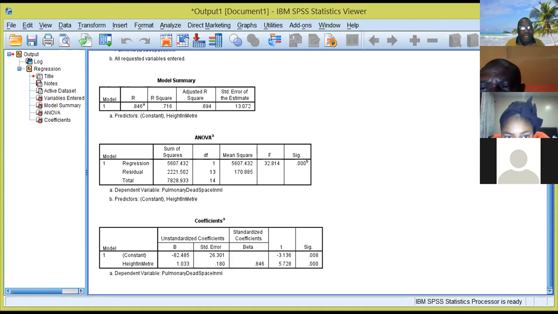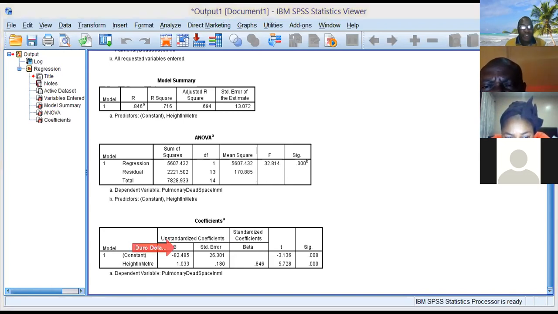Can you see the B? That is the regression coefficient.